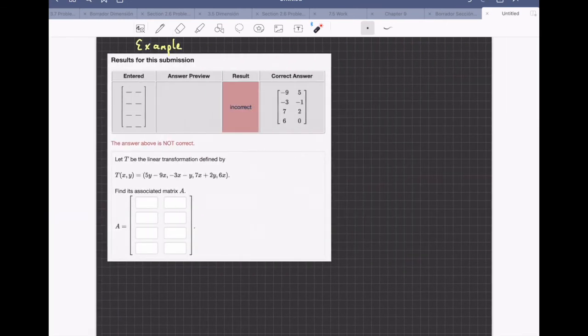Example. Let T be the linear transformation defined by this. Notice this transformation goes from R2 to R4, because we have x, y, and it has 1, 2, 3, 4 components.